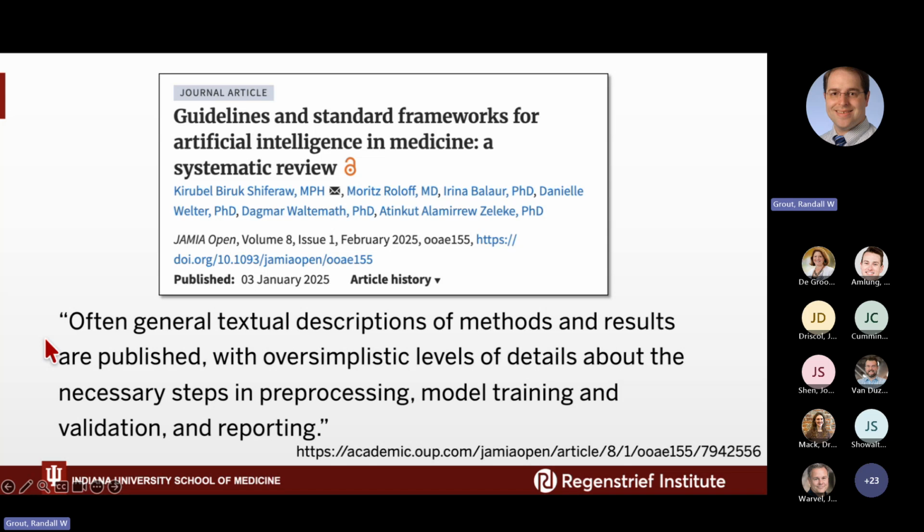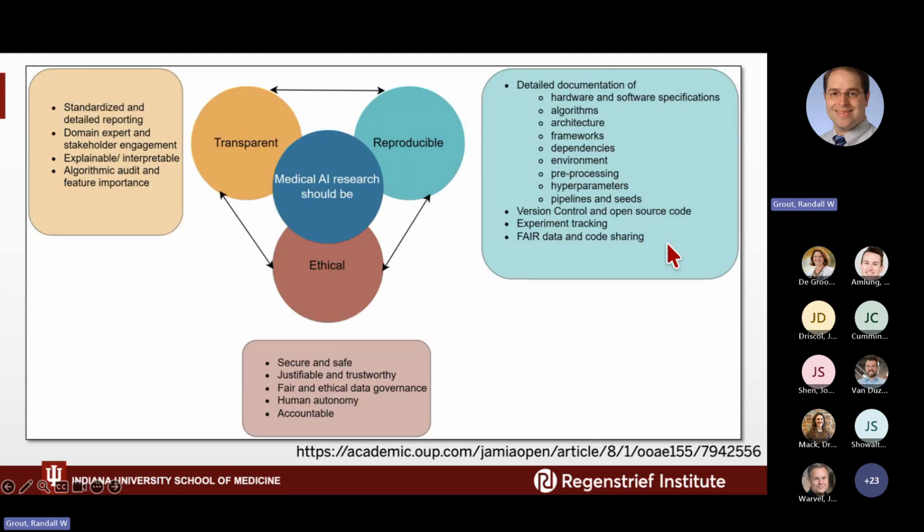And hence we try to provide frameworks to help people remember and to be clear about what's happening. So in this paper, they had a nice visual or diagram that I wanted to show, talking about medical AI research and some of the things that are brought up by these frameworks.